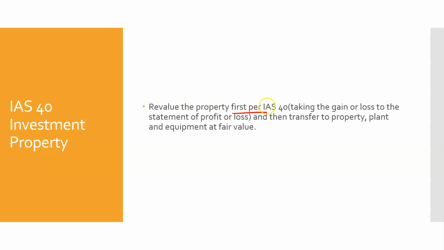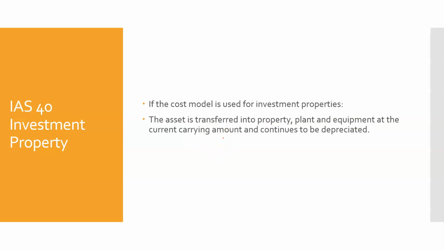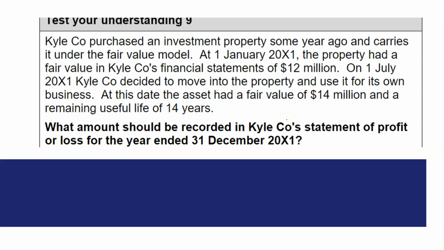So revalue the property first per IAS 40, taking the gain or loss to the statement of profit or loss, and then transfer to property, plant and equipment at fair value. And if it's cost, you just transfer it at cost and continue to depreciate. So you're just working with what you have and with the models.